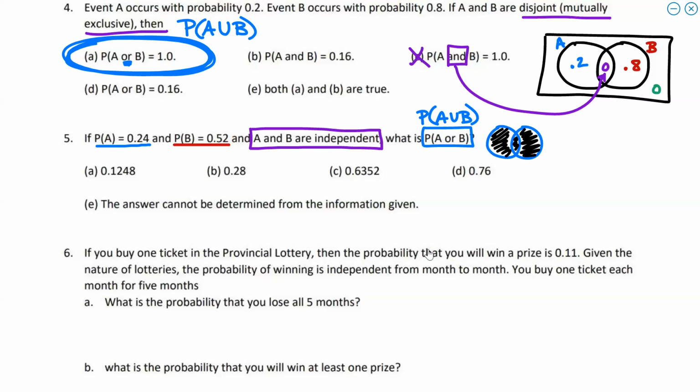I want to take what we just said and write it down. We said that the probability of B does not change even if A occurred, right?